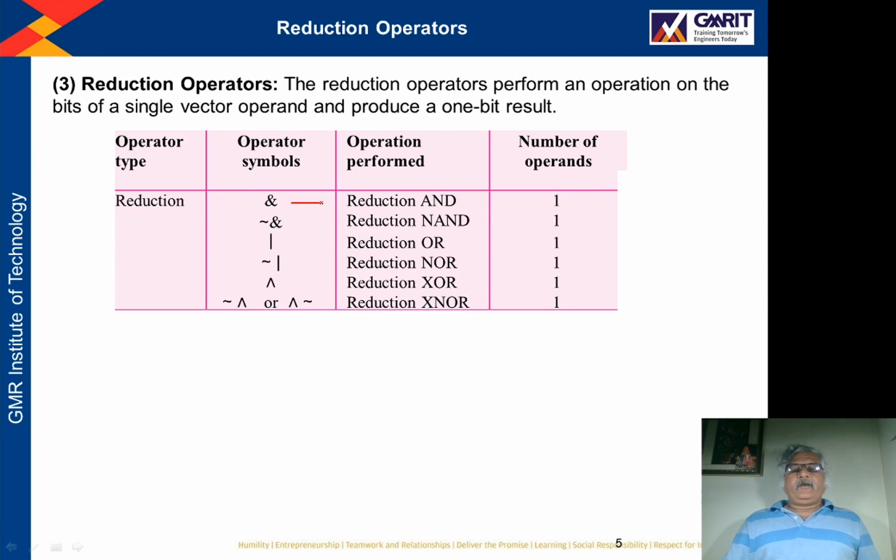Okay, so single ampersand is a reduction AND, and tilde and ampersand is an example of reduction NAND. Already we remember, when we discussed the bitwise operator, this tilde performs a NOT operation, right?